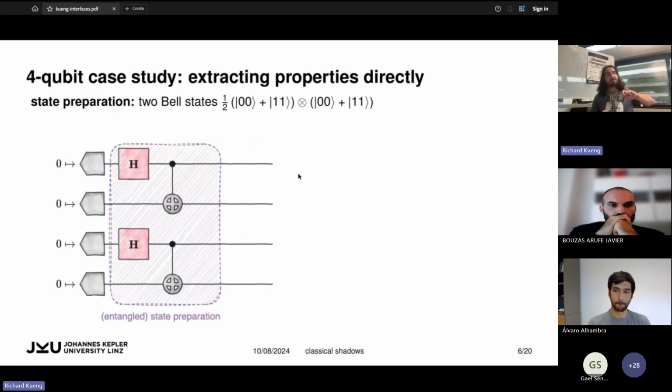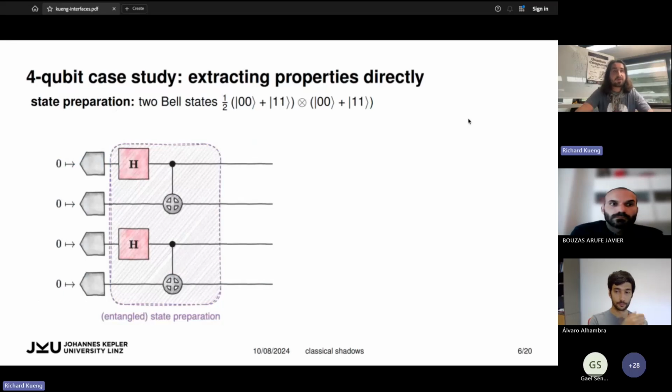We entangle the first 2 qubits maximally, and we entangle the last 2 qubits maximally, but there's no entanglement or correlations between qubits 1, 2, and 3, 4. So in a quantum circuit picture, this would look like this, and this is the quantum circuit we run to prepare it. And now let's do some toy examples about learning or inversion of properties.